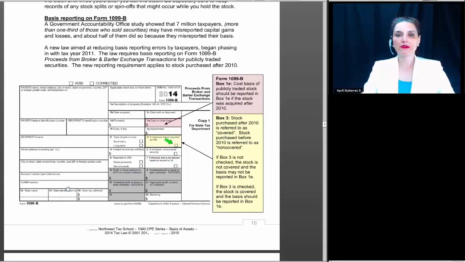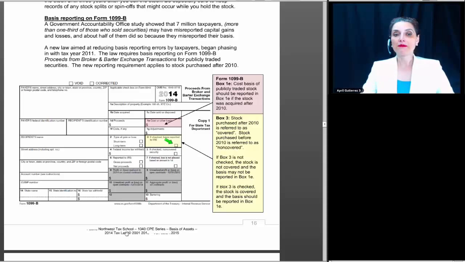Another thing to point out about 1099-B is that for 2014, it has been completely redesigned. It went through a major redesign in 2011, the first year that basis reporting happened, and then they were not quite happy with the design for 2011, so they redesigned it in 2012. And 2012 and 2013 looked fairly similar, and then in 2014 they went through another redesign.